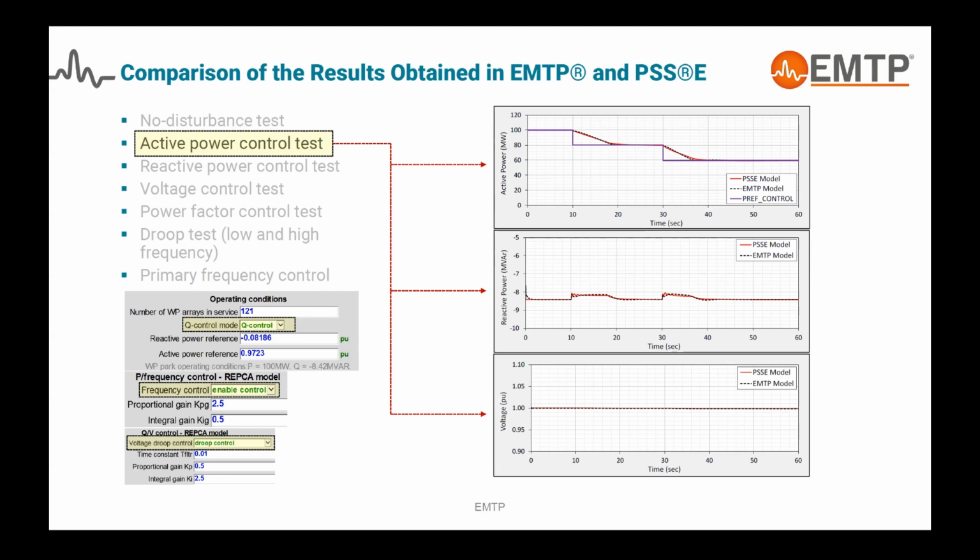So if you want to perform this test, you need to make sure that the frequency control is enabled in this PPC model. And of course, you need to do the same thing in the other model, so you need to set these control modes in EMTP and, in this case, in PSSE.